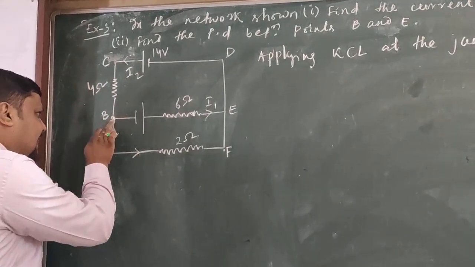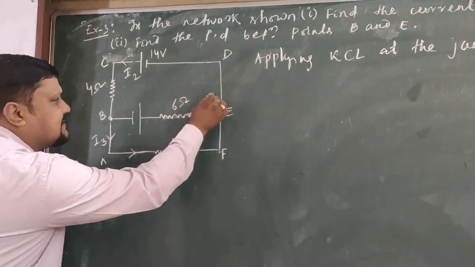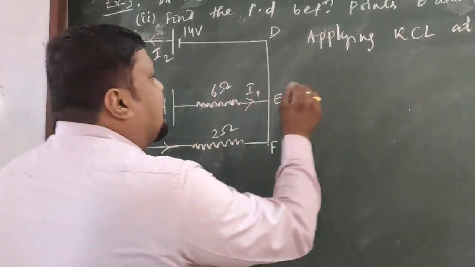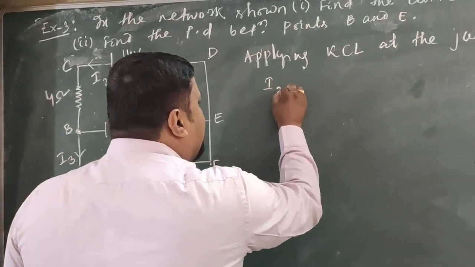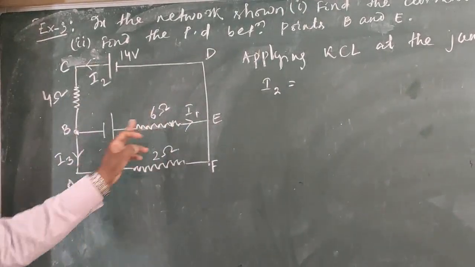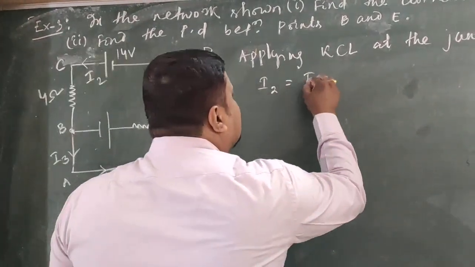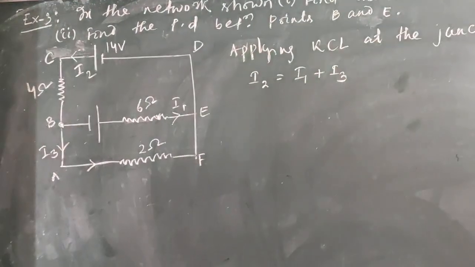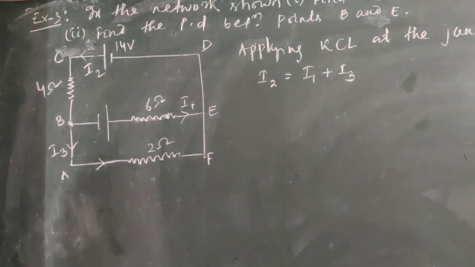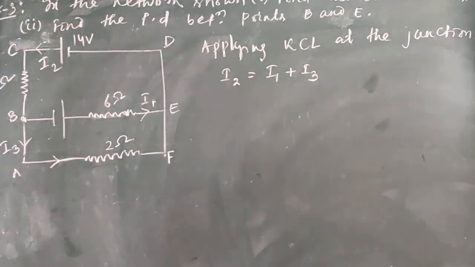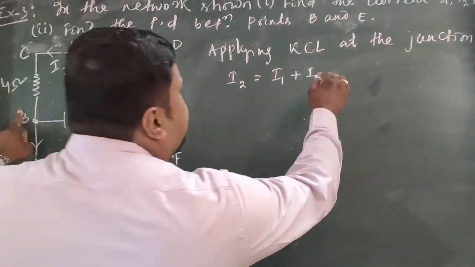At B, I2 is divided into two parts, I1 and I3. So I2 must be equal to I1 plus I3. This is your equation number 1.